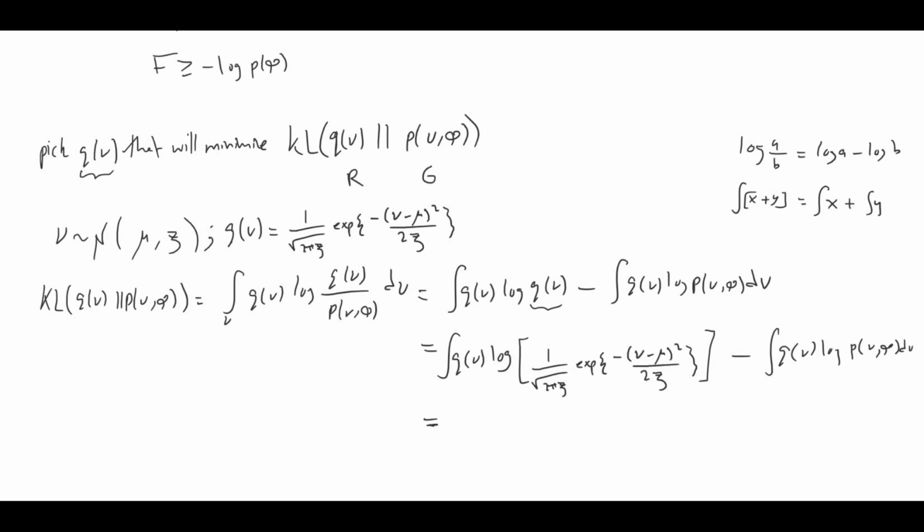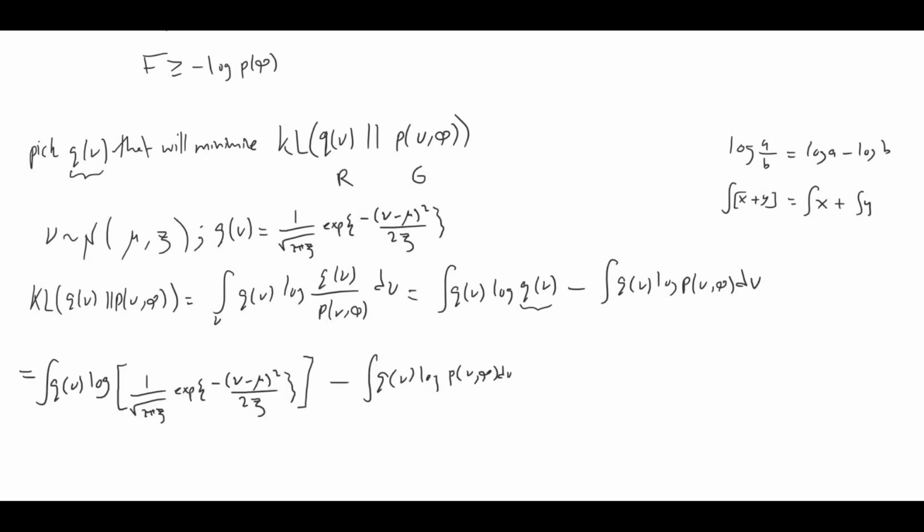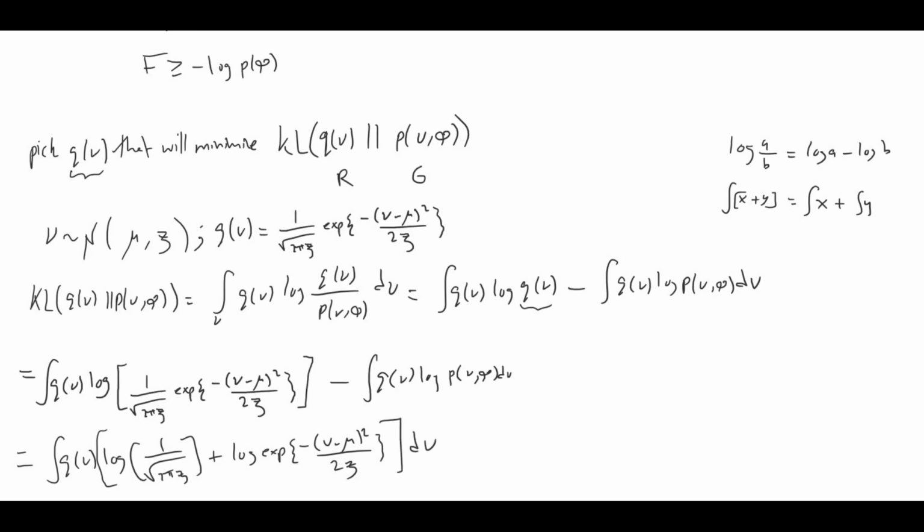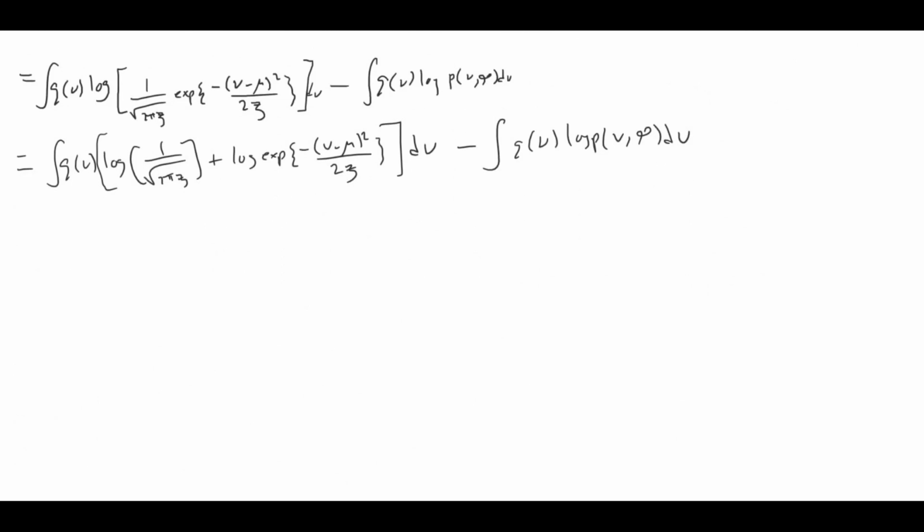Next I'm going to expand this log into the function. Actually, let's give ourselves a little more space. This can be written as Q log 1 over 2 pi zeta plus the log of the exponential of minus something over 2 zeta. Cool.